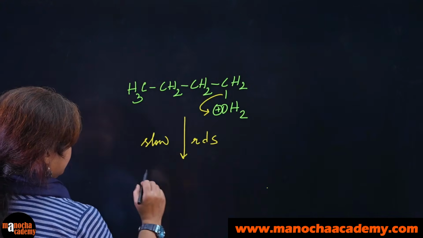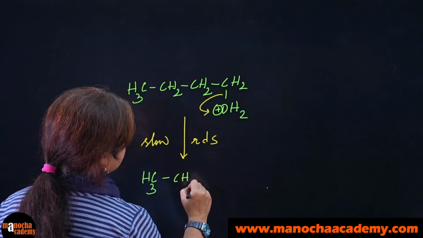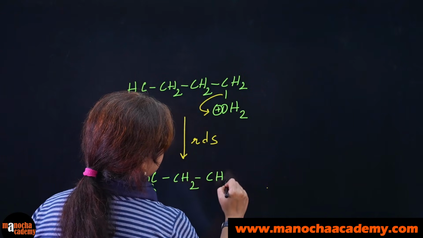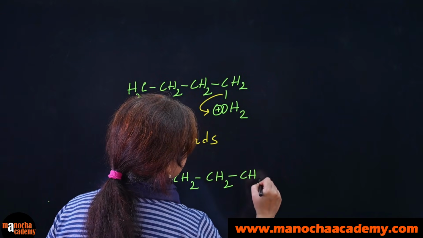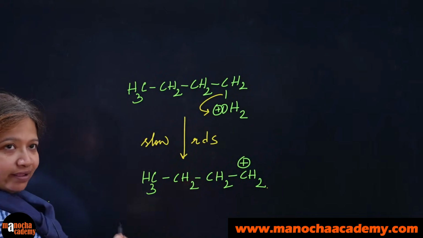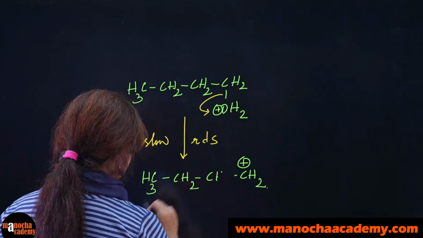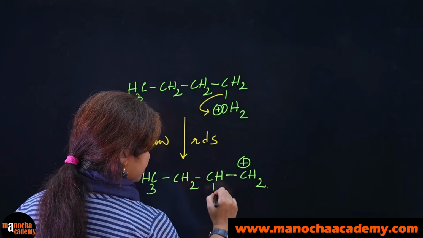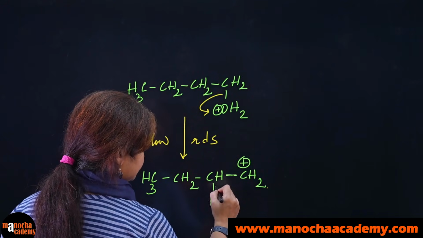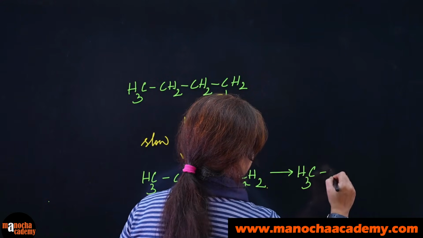And you get here CH3, CH2, CH2, CH2 plus. It's a 1 degree carbocation. So we know hydride shift takes place. Hydride shift takes place, and you get here the 2 degree carbocation, the most stable one.